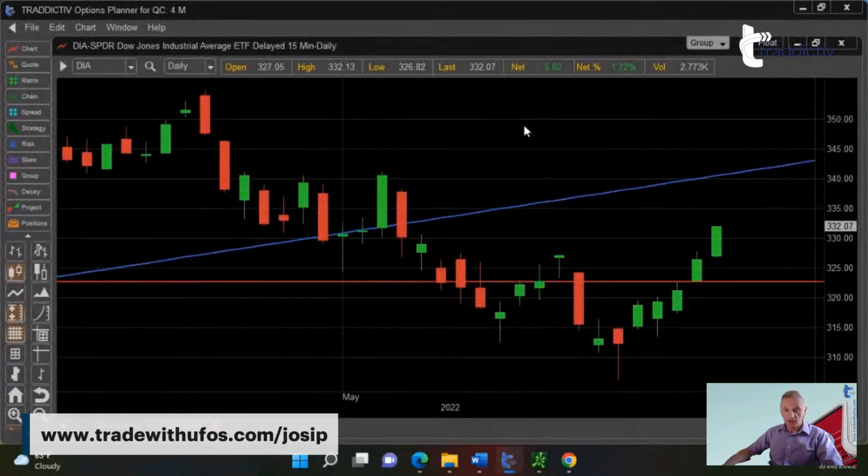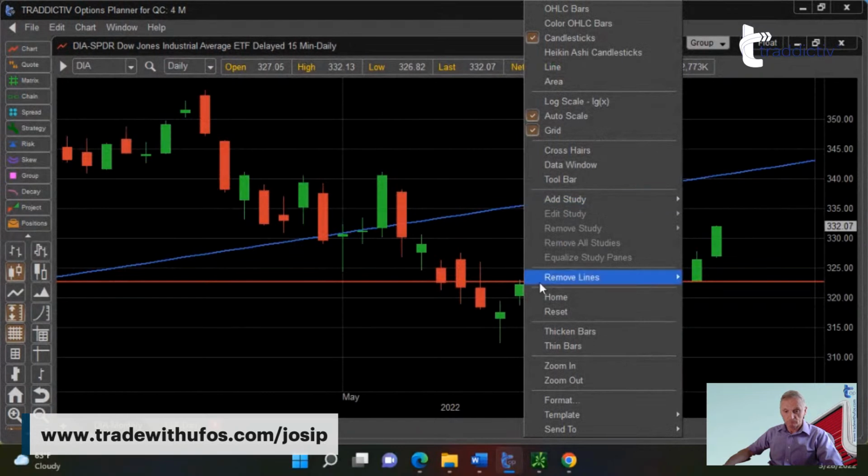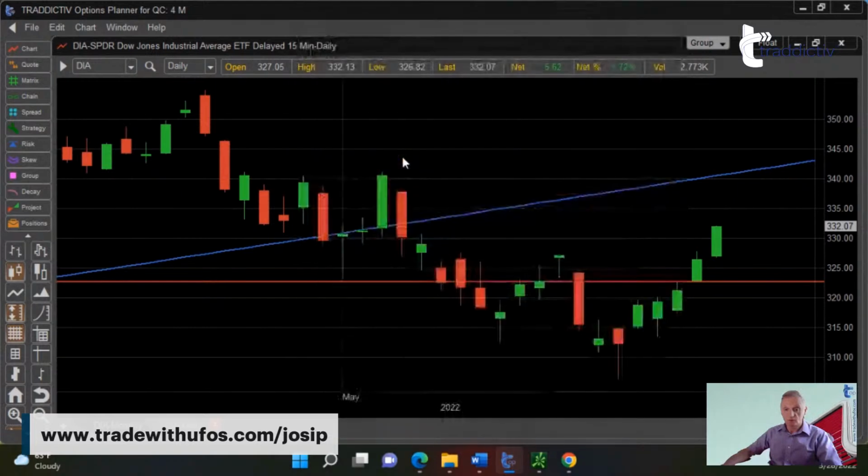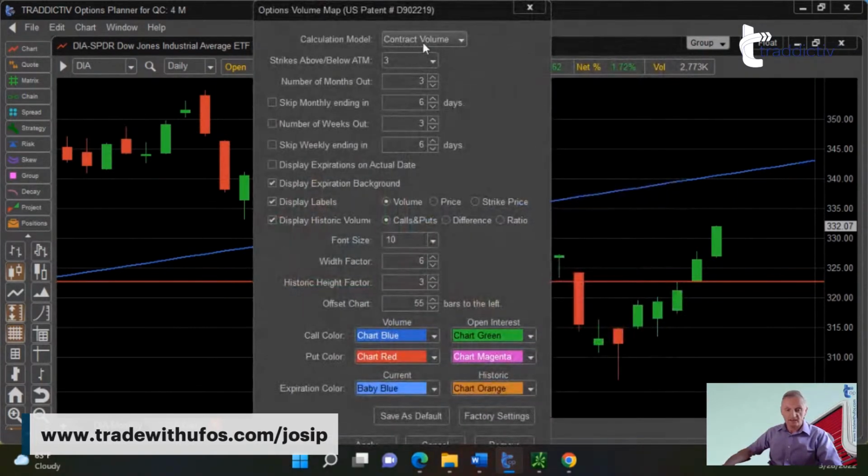Then you add study, and when you go down to add study, you have this option, volume map, and it's patented. When we click this, it is set up to show the volume, and that's why it's called volume map. But we can also click it to the open interest, which I personally find very, very valuable.